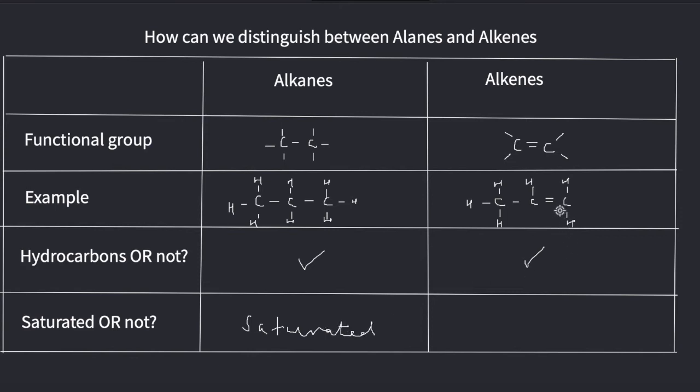But for this one, because you have a carbon-carbon double bond, one of the bonds is able to be broken and then bond with another atom. So in this case, this is an unsaturated hydrocarbon. Okay, that's the basic concept we have learned so far.